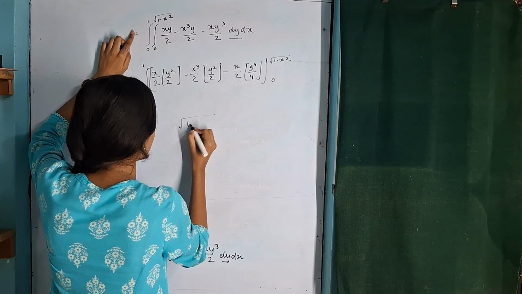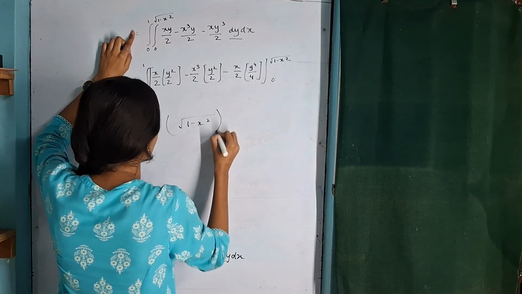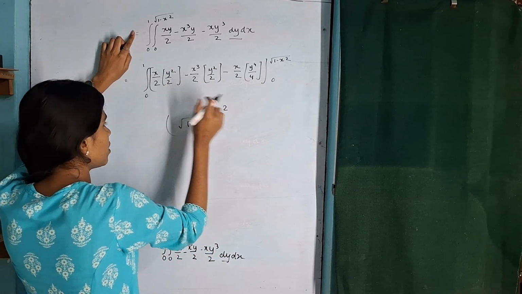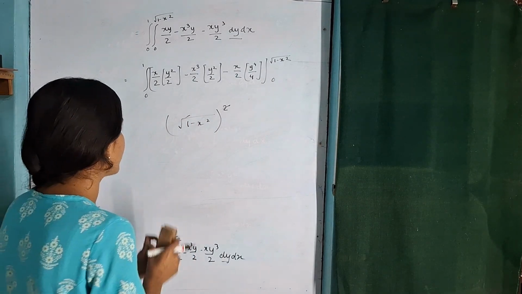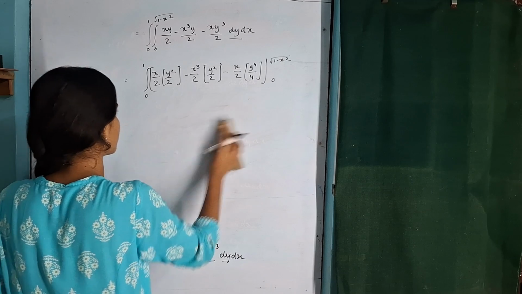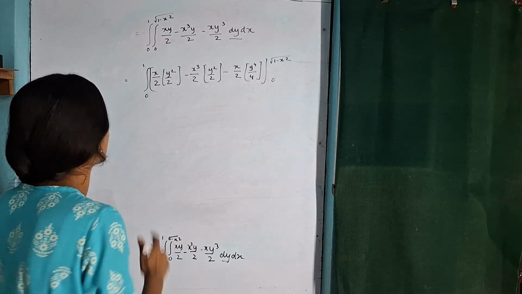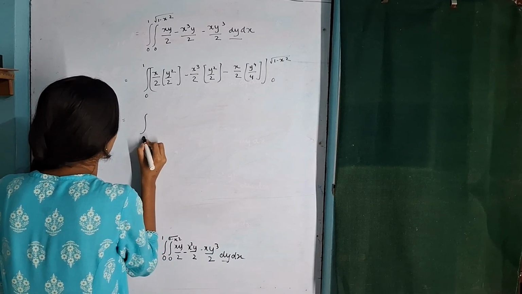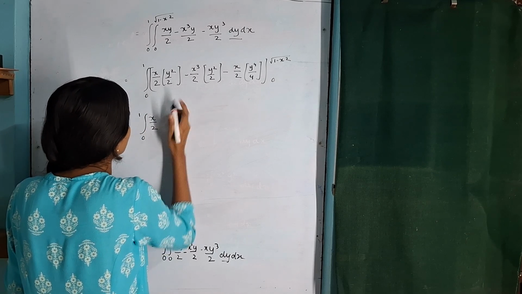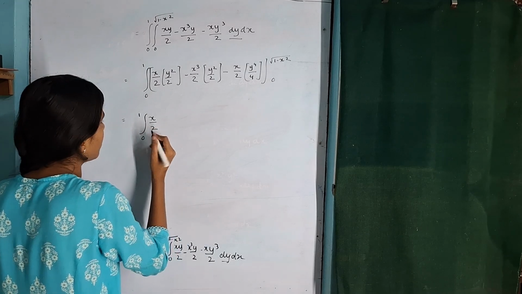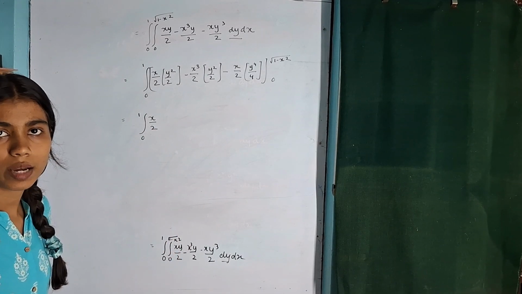See, now if you put the upper limit value into the square of root of 1 minus x square, the square and square root get cancelled and we are only left with 1 minus x square. So x by 2 here we will get. Now we will keep the y terms separate before we substitute the upper and lower limit.